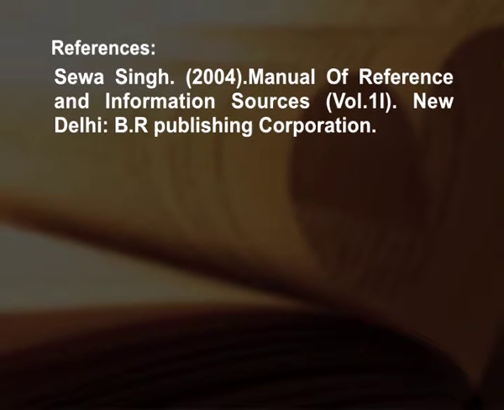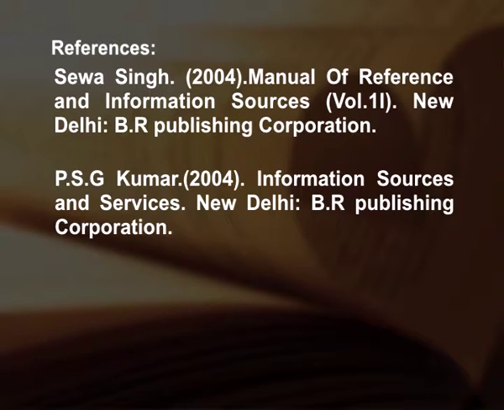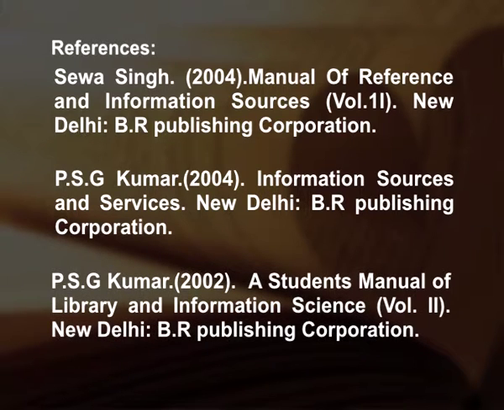Manual of Reference and Information Sources, Volume 2 by Seva Singh, BR Publishing Corporation, New Delhi, 2004. Information Sources and Services by PSG Kumar, BR Publishing Corporation, New Delhi, 2004. A Student's Manual of Library and Information Science, Volume 2 by PSG Kumar, BR Publishing Corporation, New Delhi, 2002.